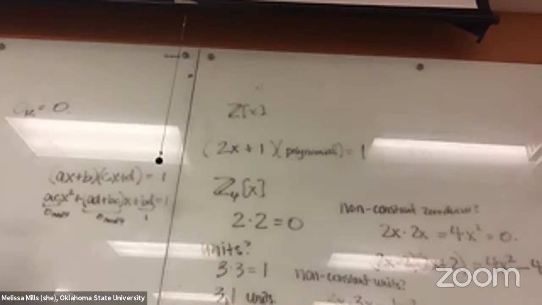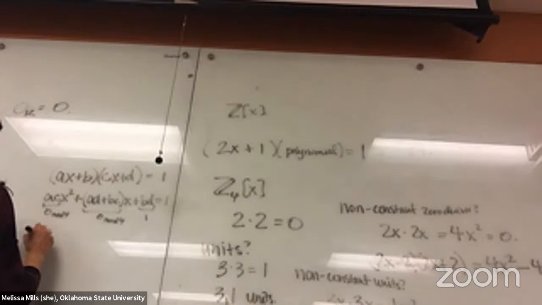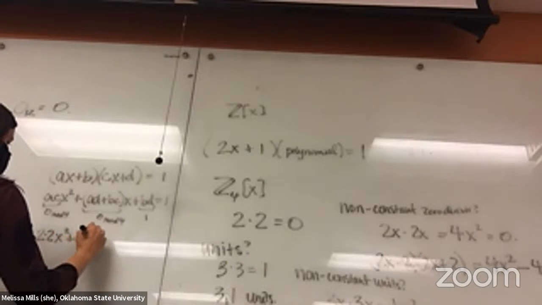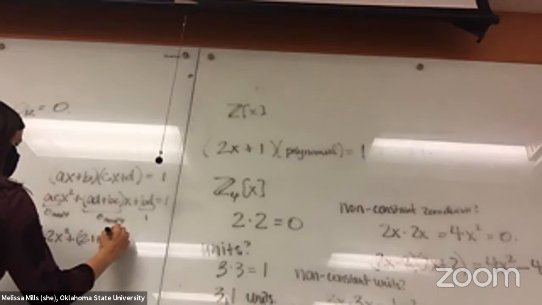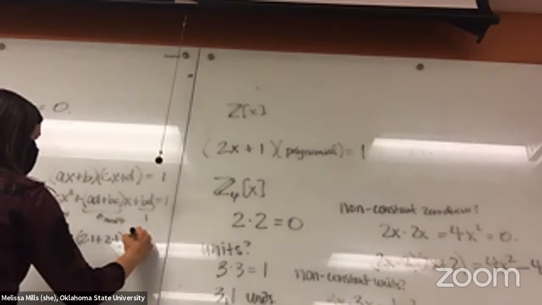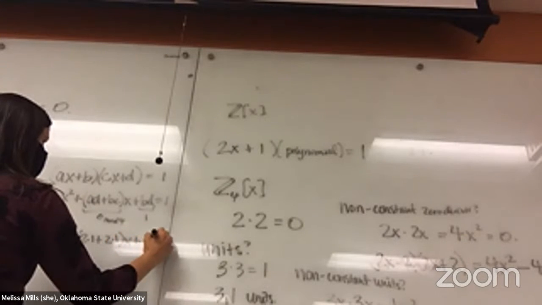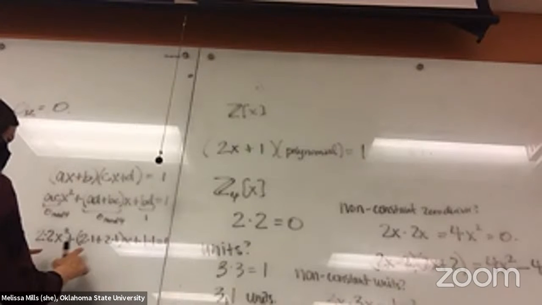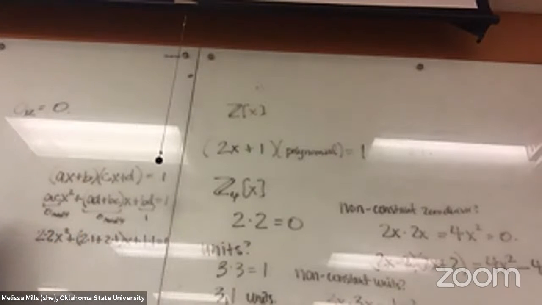Okay, let's see. If a and c are 2, we'll have 2 times 2 x squared plus 2 times 1 plus 2 times 1 x plus 1 times 1. So that gives me 0, 0, 1. Yeah, I didn't think about that.